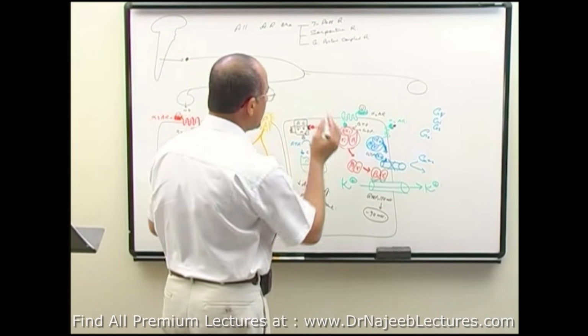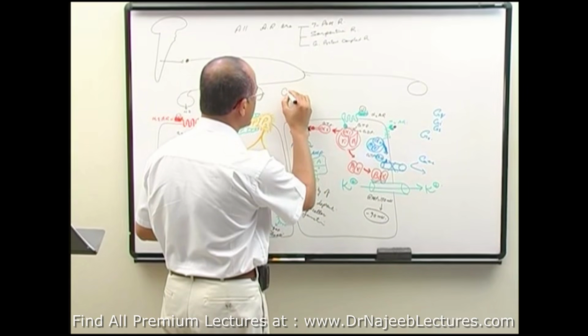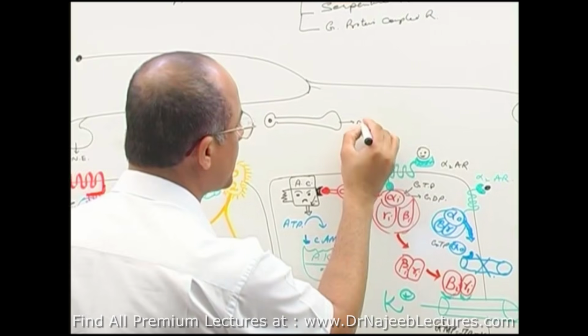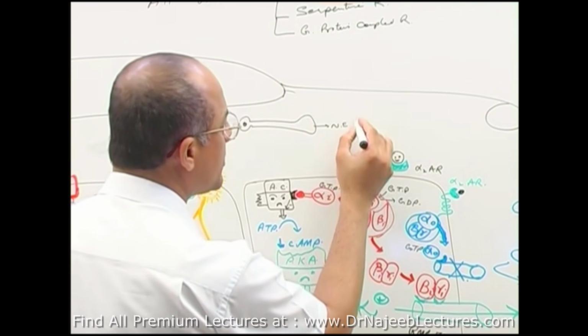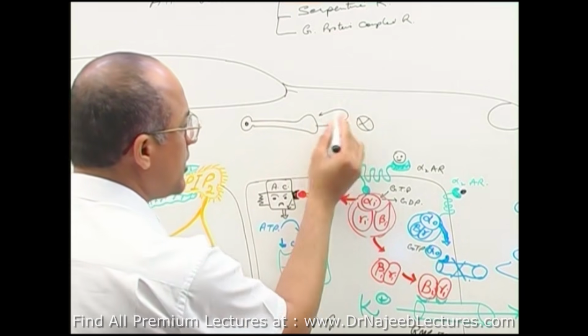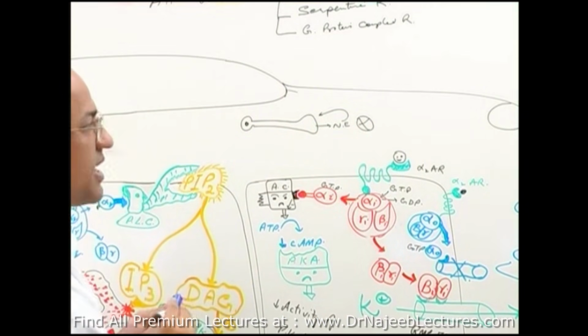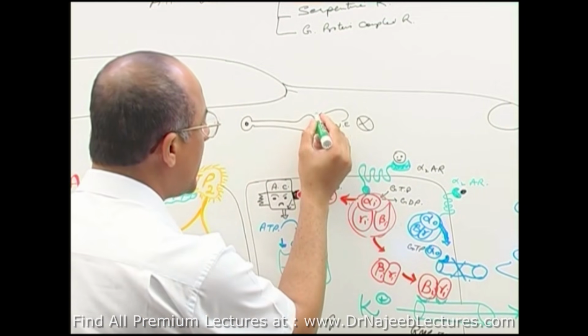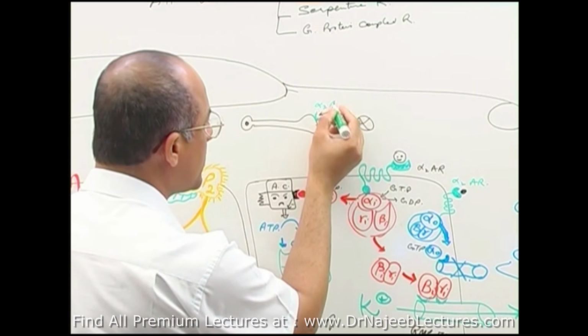If you remember that in the very early lectures of adrenergic system, if this is one neuron and this neuron is releasing norepinephrine here, and this is your target tissue. I told you norepinephrine works on presynaptic membrane through alpha 2 adrenergic receptor.